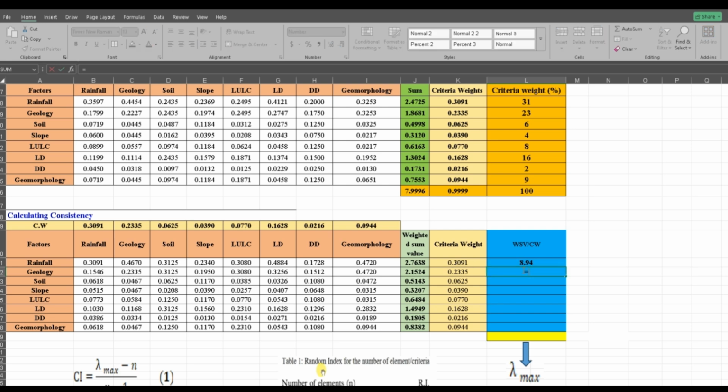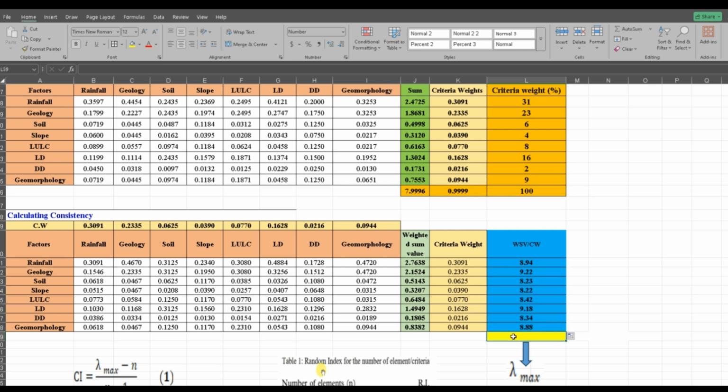For the second cell, the ratio is equal to the weighted sum value of geology divided by the criteria weight for geology. Similarly, you can calculate the ratio of weighted sum value to criteria weight for each and every element.